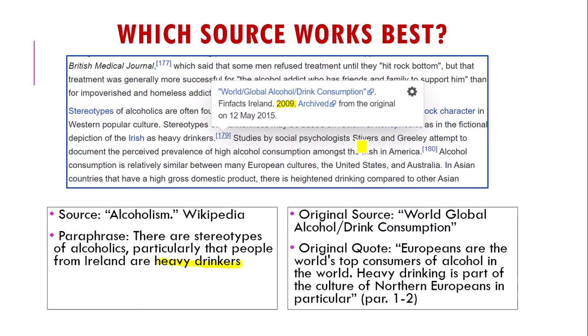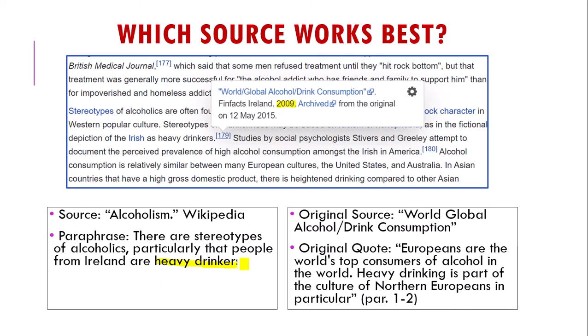But the original source had this quote: Europeans are the world's top consumers of alcohol in the world. Heavy drinking is part of the culture of Northern Europeans in particular. And then they went on to expressly talk about Ireland. But the fact is that this paraphrase on Wikipedia doesn't really match what the original actually has to say.